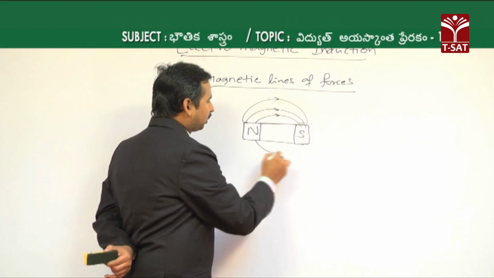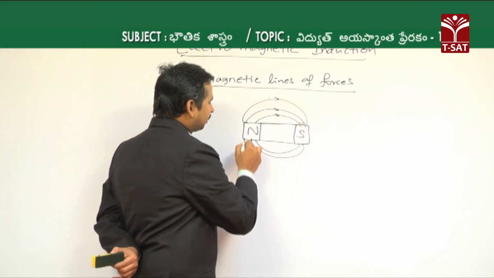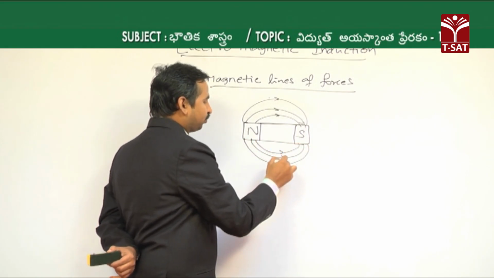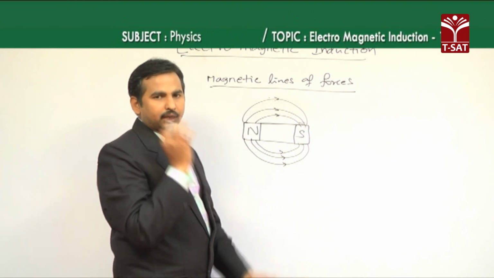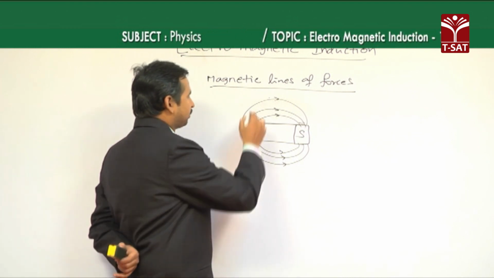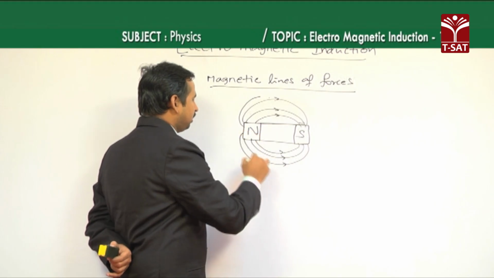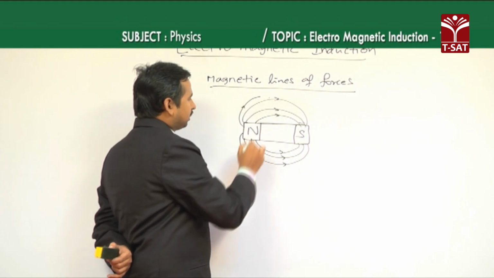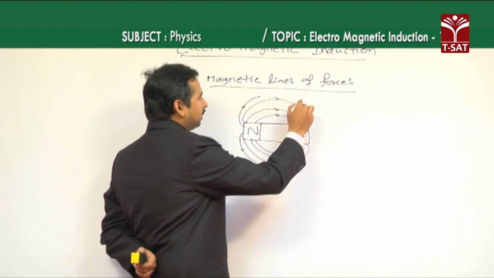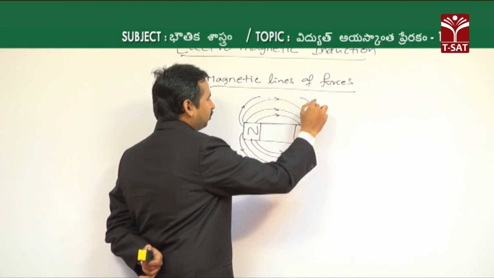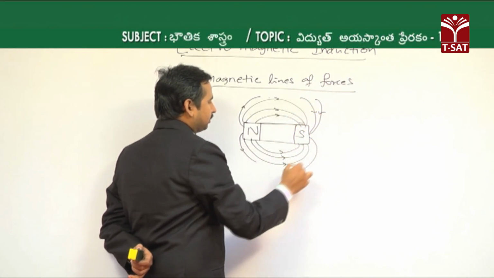In a similar way, around the complete magnet, these magnetic lines of forces are spread throughout, starting from the north pole and ending on the south pole like this.